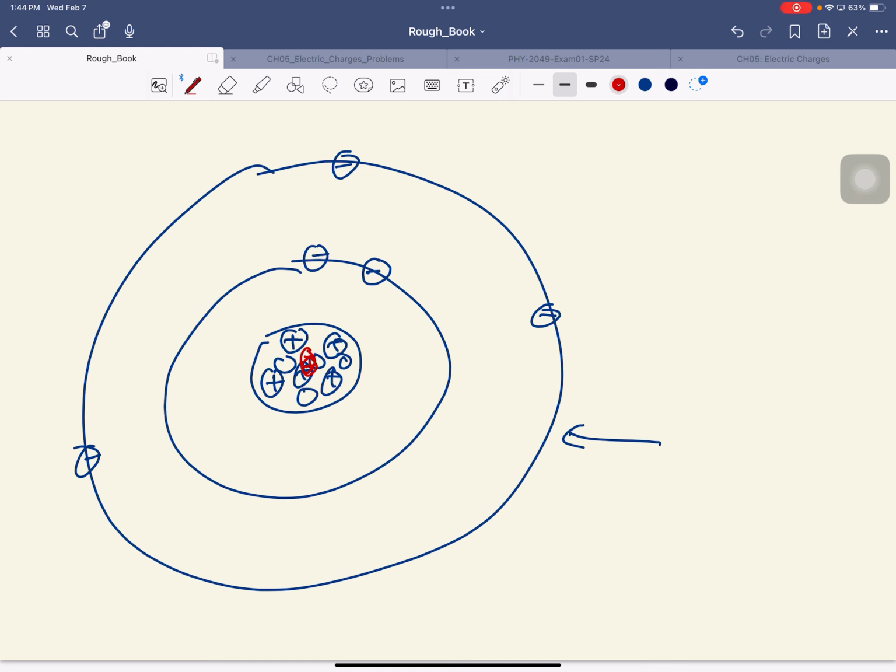So for every atom, if you're far away, this appears as a neutral particle. Again, the center of positive charge and the center of negative charge are right on top of each other. Did you guys understand that? So the dipole moment of every atom is 0.